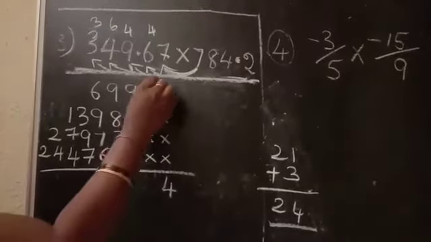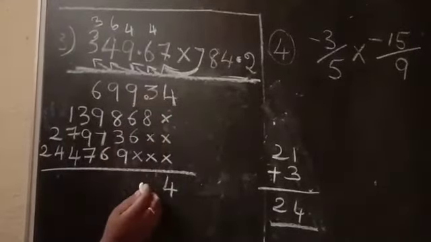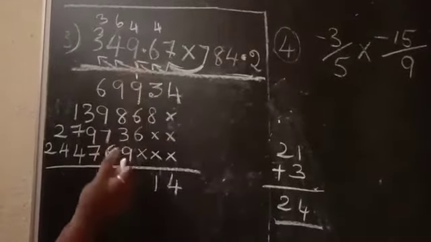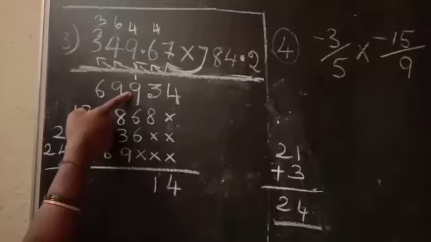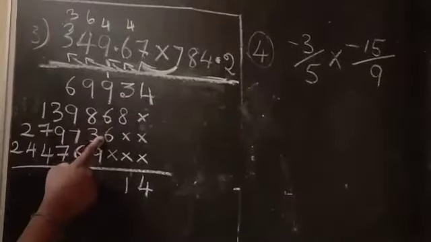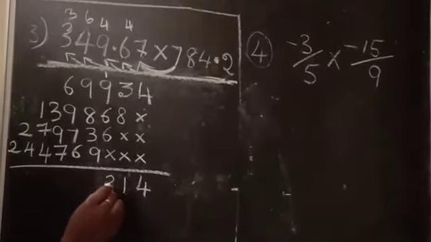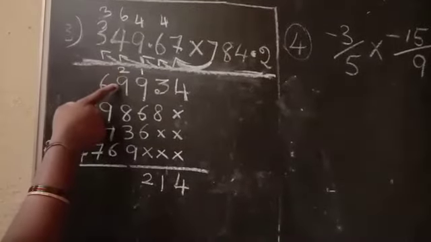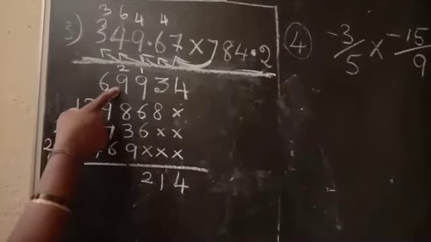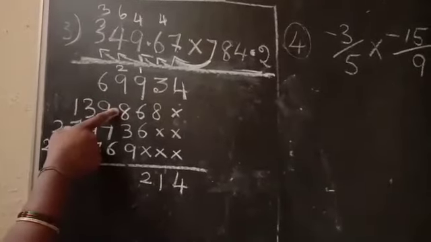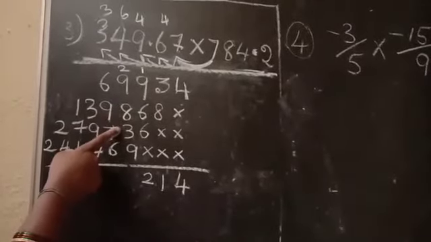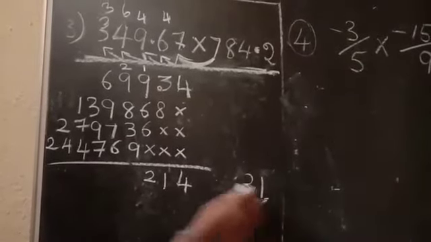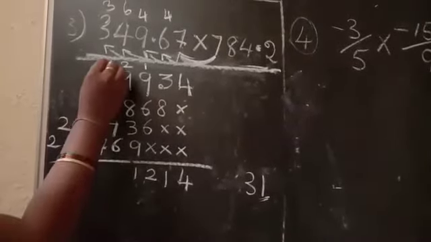So here 3 plus 8, 11, write here 1, 1 should be carried out here. 9 plus 1 is 10, 10 plus 6 is 16, 6 should be written here, 1 should be carried. 2 plus 9 is 11, 11 plus 8 is 19, 19 plus 3 is 22, 22 plus 9 is 31. This 1 should be written here, 3 should be carried.